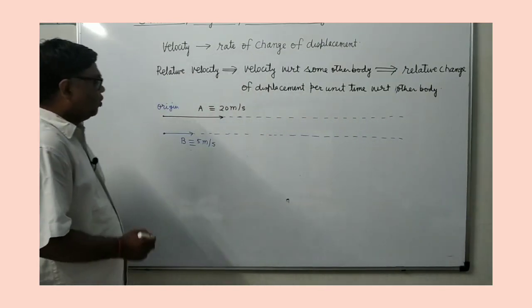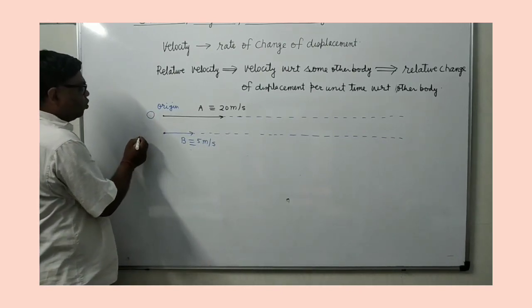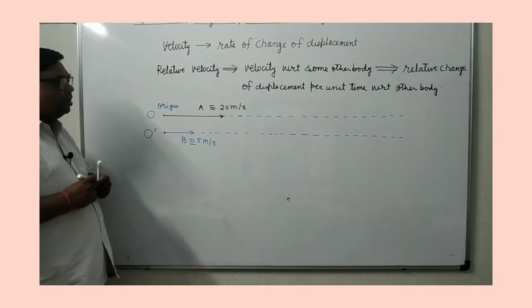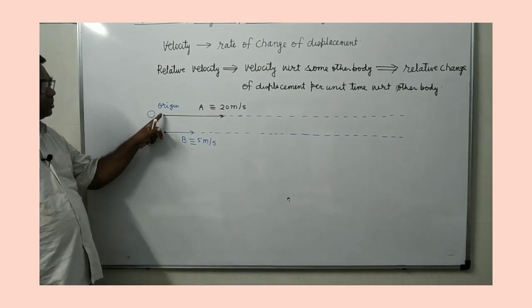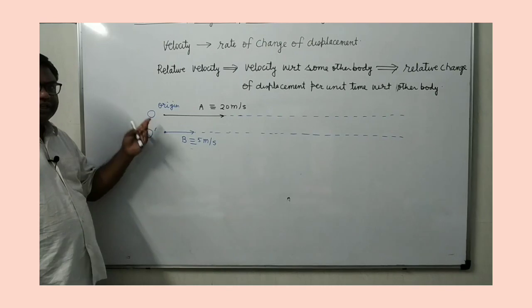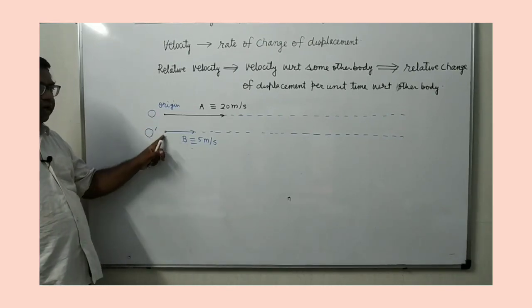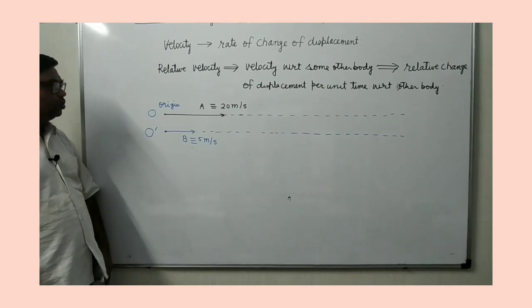This straight line I have drawn here. Here you can call this O, and this you can take as O dash. Is it clear? Now see here, initially both are at the same point, only differently denoted by O and O dash. Though O and O dash are at the same position.